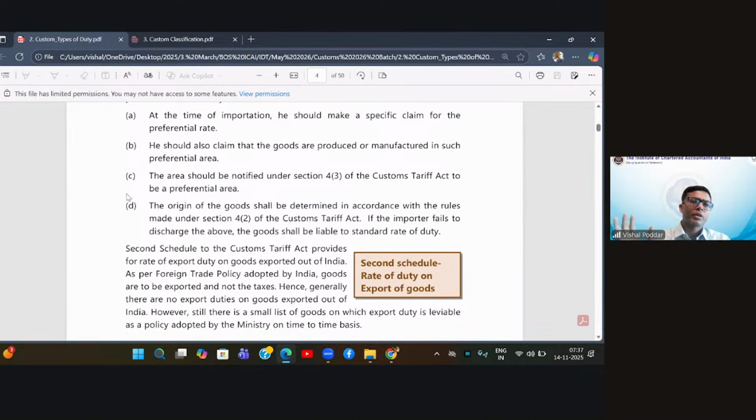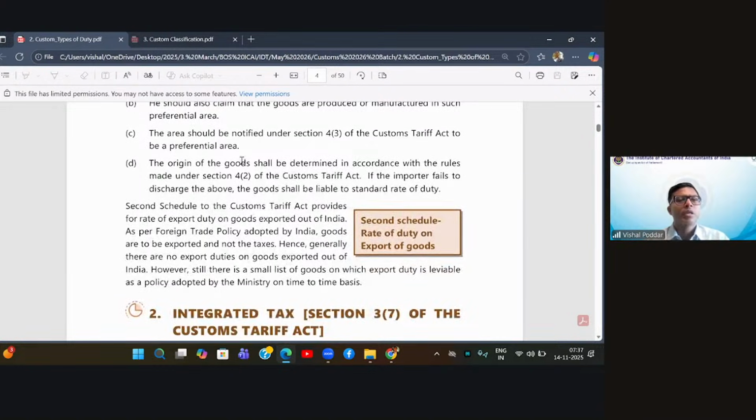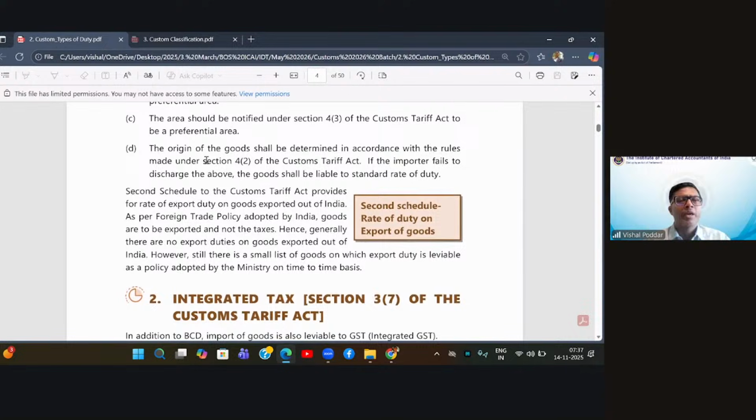So Section 4.3 of the Customs Tariff Act has given a list. Your country's name from where you are importing goods should be covered in that. And last, you should be able to prove that the origin of your goods is from that particular area. For this, you have to follow the procedure given in the rules made under Section 4.2 of the Customs Tariff Act.